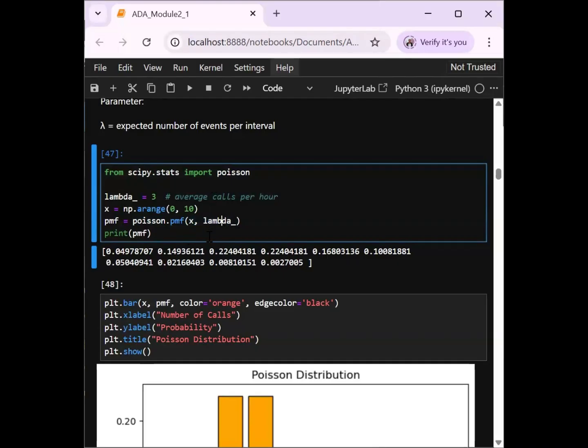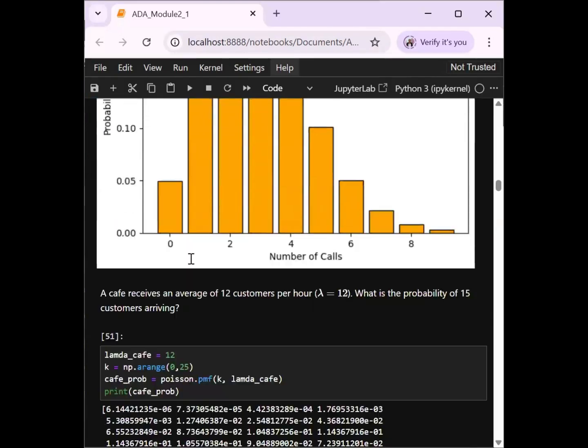Euler's number, that's 2.72 something. So you don't need to keep defining it every time. It's already there. So what changes now is the lambda and the x. Lambda is the mean, the average, and x is the number of outcomes. Oh, yes, I get it now. Okay, all right.